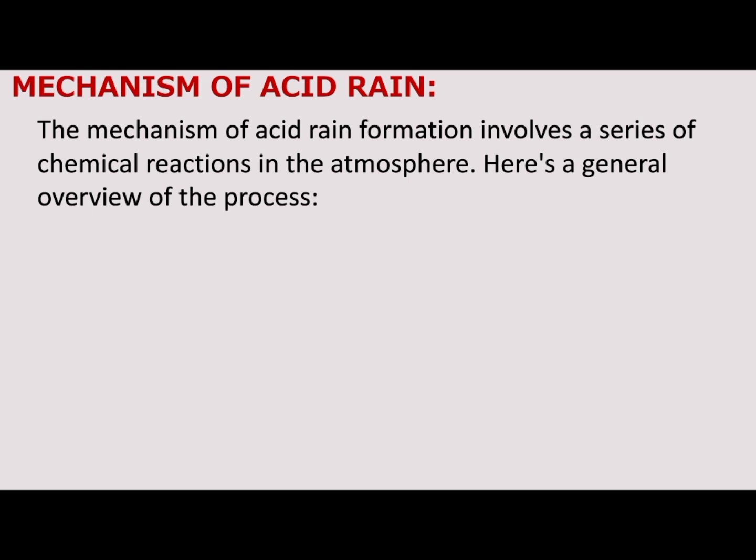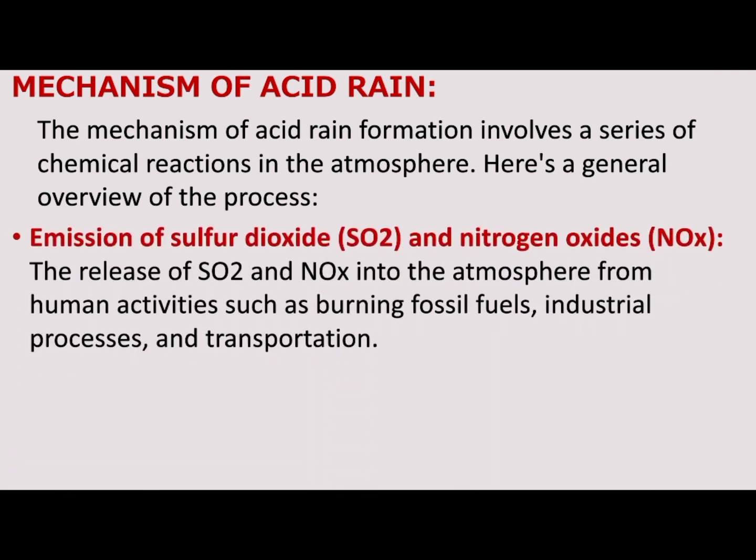The mechanism of acid formation involves a series of chemical reactions in the atmosphere. First one is the emission of sulfur dioxide and nitrogen oxide. So in the first step, emission of oxides takes place, especially sulfur dioxide and nitrogen oxides, by the common sources discussed in the causes of acid rain portion. That is burning fossil fuel, industrial processes and transportation.